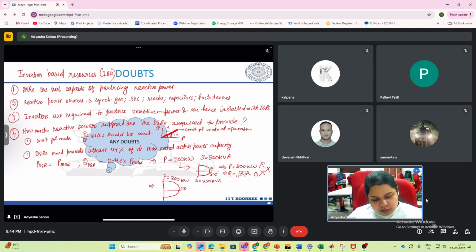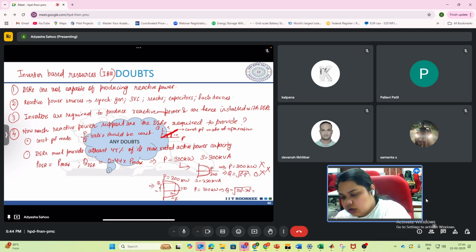Because this is its maximum rating. So when this power is Pmax, it will be able to provide this much amount of Q. So now Q is not 0; P is 300 kilowatt, then Q will be the square root of 330 square minus 300 square. That will give you something non-zero.